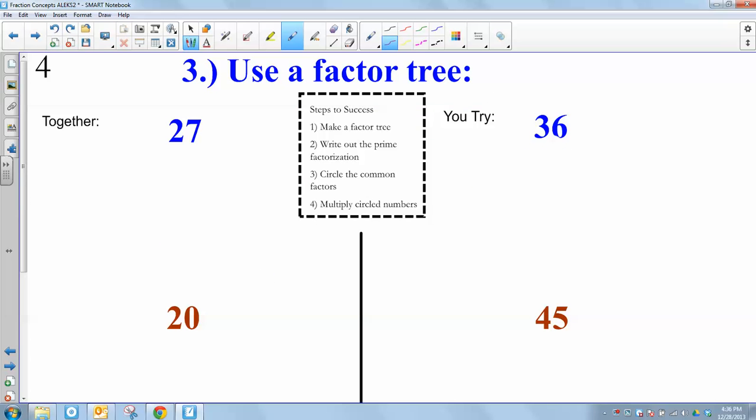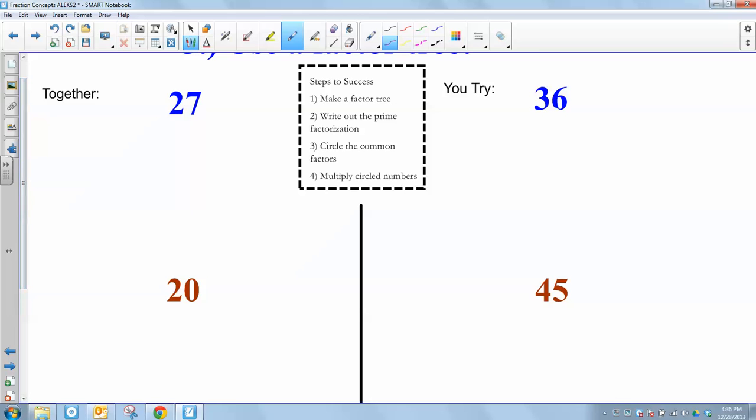The last way is what we did yesterday when we found the prime factorization using a factor tree. So the first thing I'm going to do is make a factor tree. 27 can be 3 and 9. So I'm left with 3 times 3 times 3 as my prime factorization.